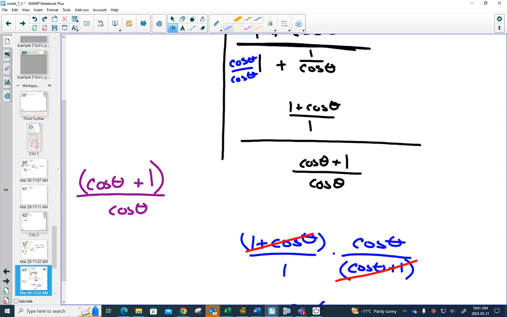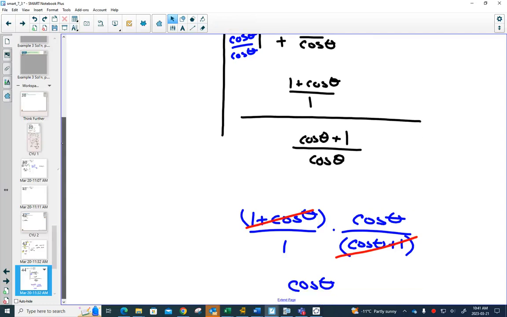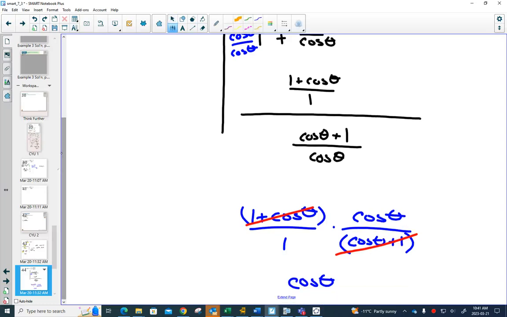We're multiplying, those factors are identical, so we are able to simplify those. And as a result, we just get cos theta, so that's identical to the left side. We're done.